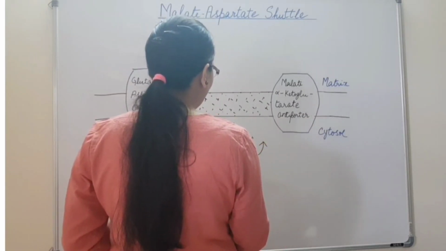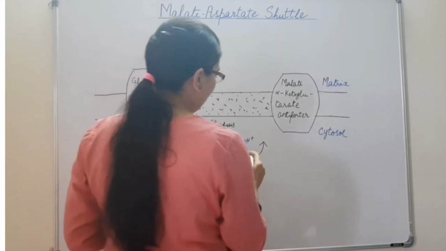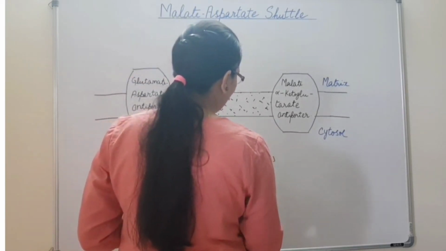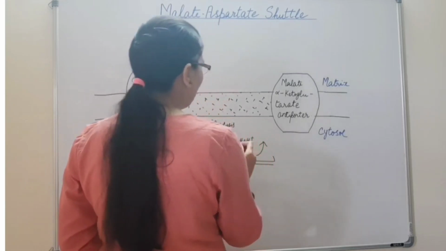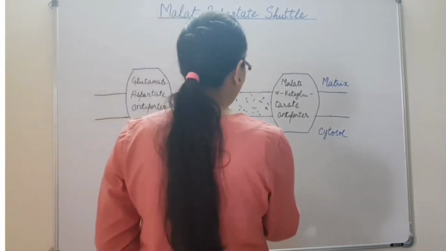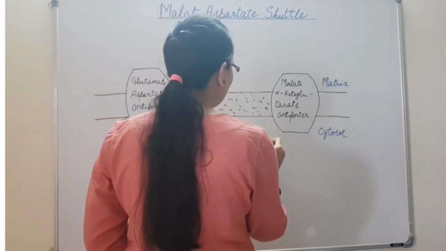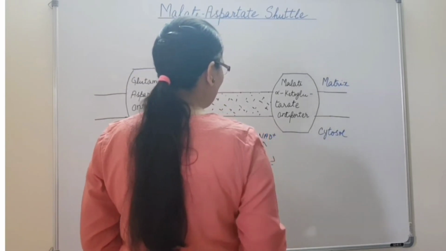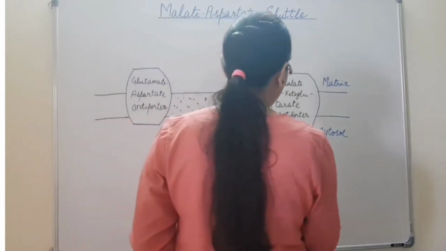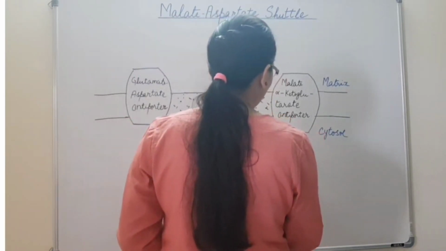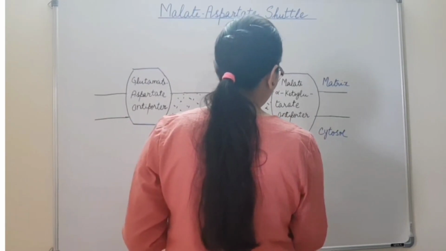In cytosol, oxaloacetate is also present. This takes the reducing equivalent of NADH, and NADH is oxidized to NAD+, which can be used again, and oxaloacetate is reduced to malate.